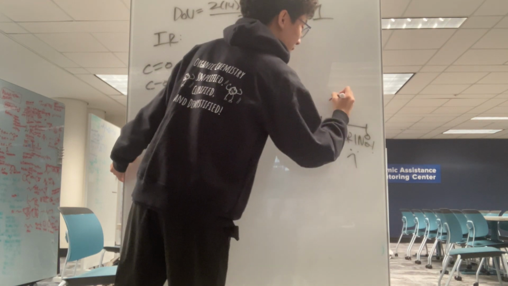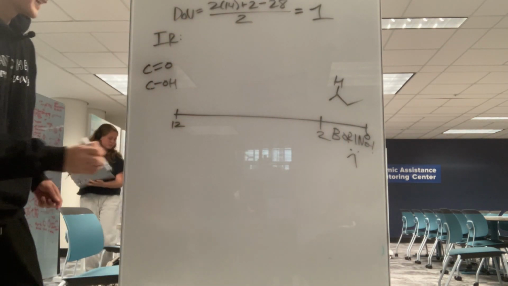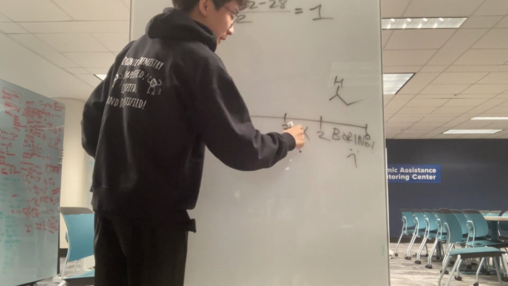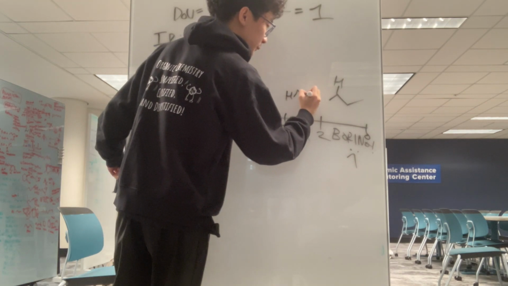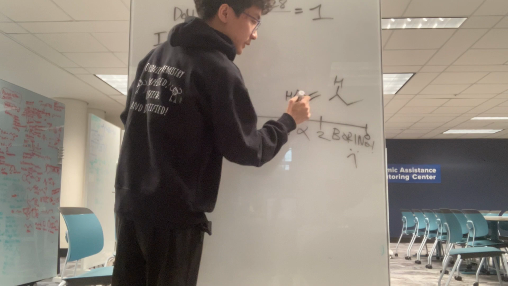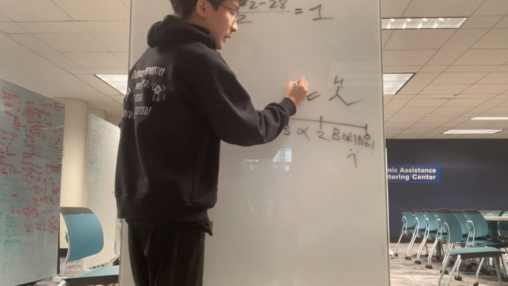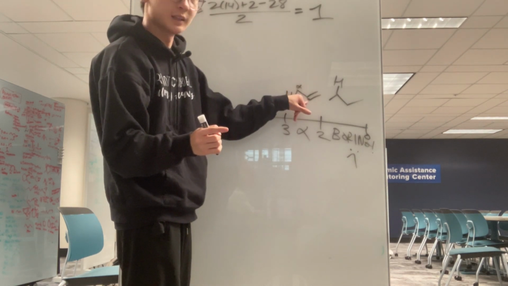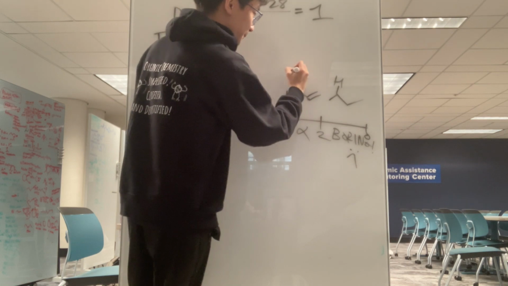That's the regular carbon-hydrogen bonds, no electronegative atoms nearby. 2 to 3, that's the alpha region, meaning that the hydrogen is going to be alpha to a pi bond, right? This is an alkene carbon right here. This is the alpha carbon, meaning the first carbon away from the alkene carbon. So that's the alpha hydrogen right there.